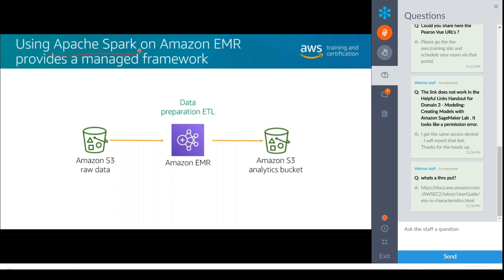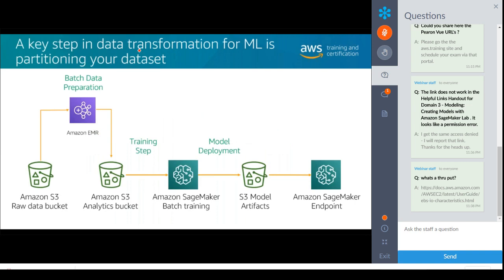Elastic MapReduce is our classic big data hosted Hadoop. So if you see the word Hadoop or you see something alluding to the use of Hadoop and you already have existing workloads coded in Hadoop using MapReduce or even using Spark, EMR is a good fit for this. Okay, so EMR is our hosted Hadoop.